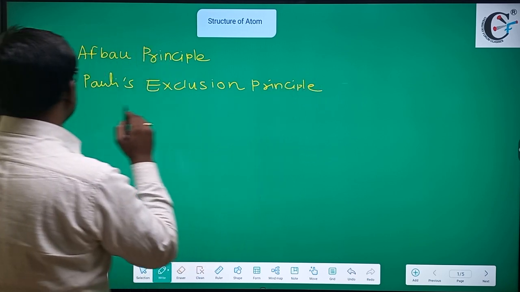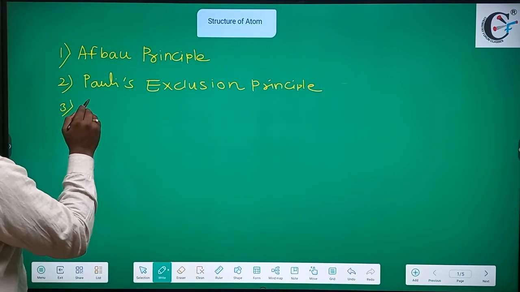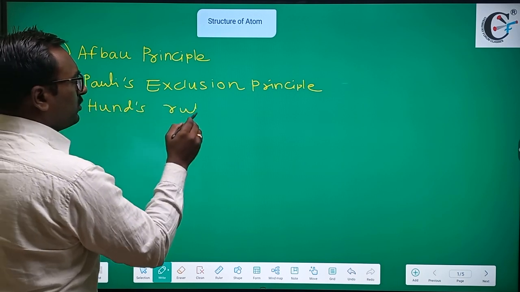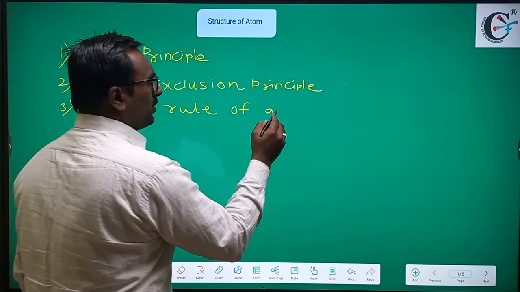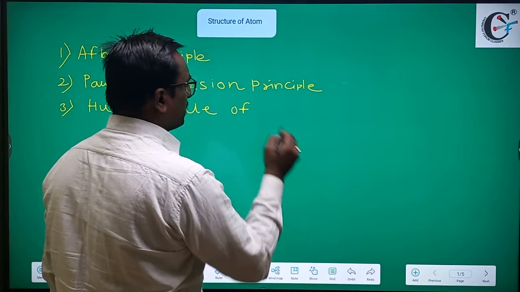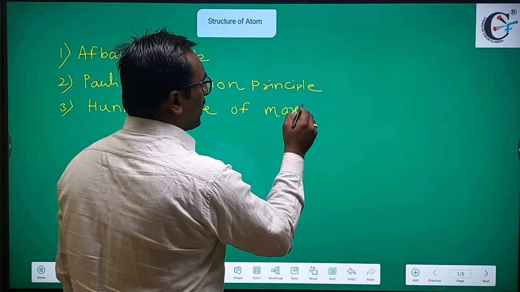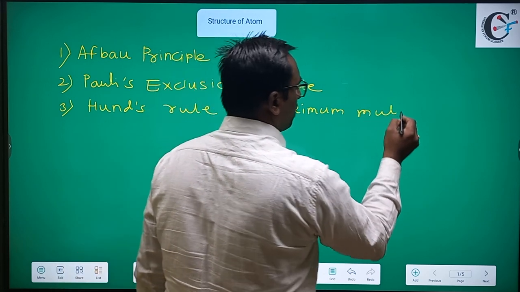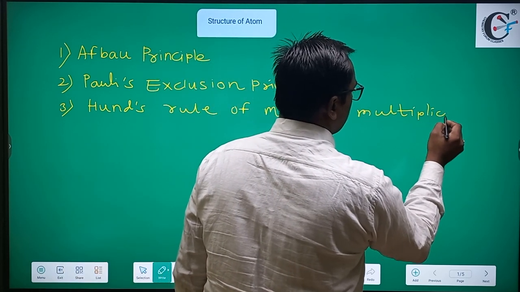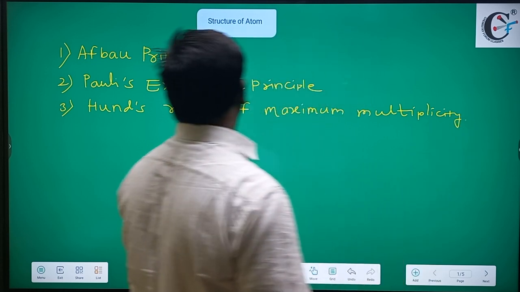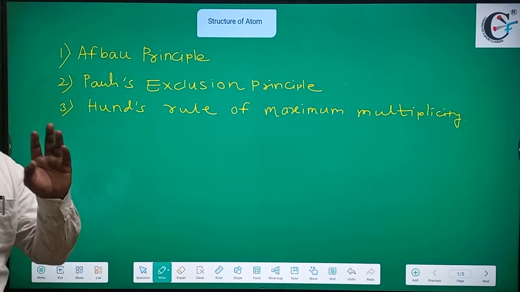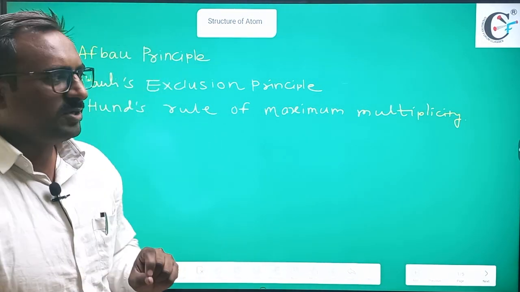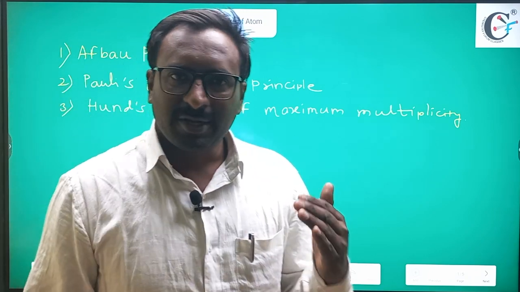And third one, that is Hund's rule of maximum multiplicity. So these are the three rules which decide how to write electronic configuration whenever several degenerate orbitals are available.